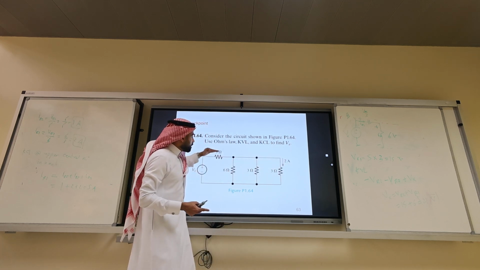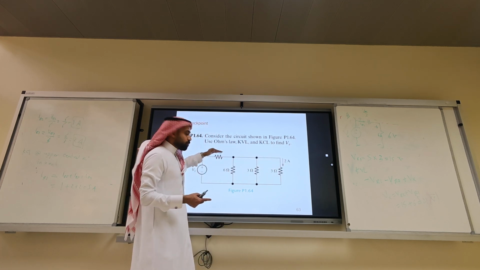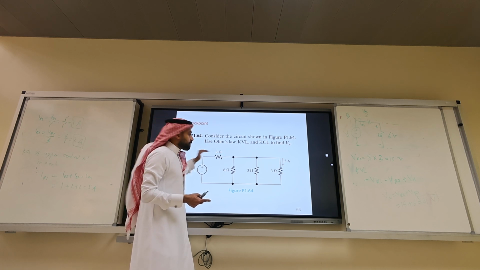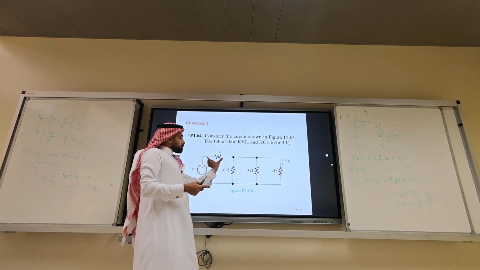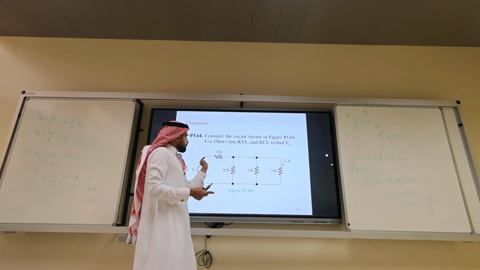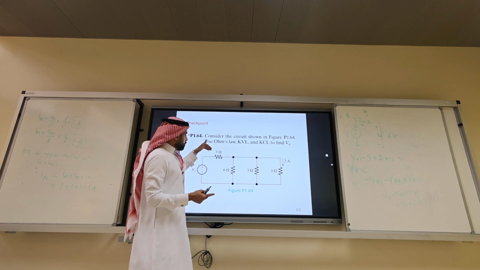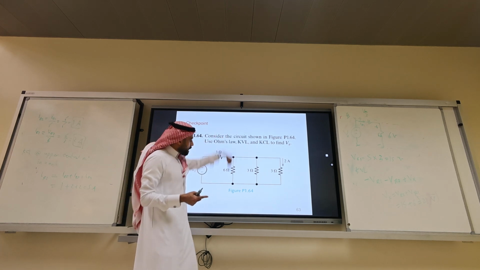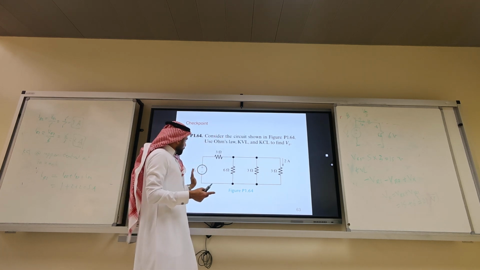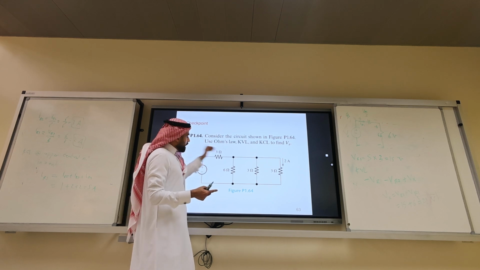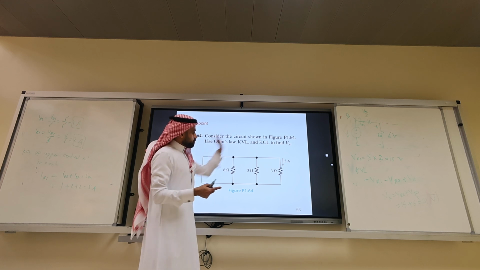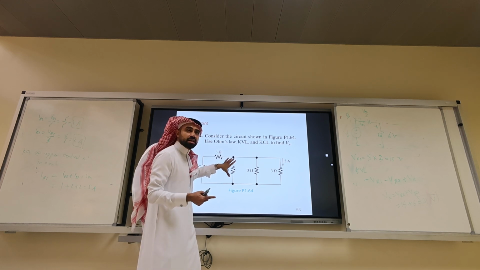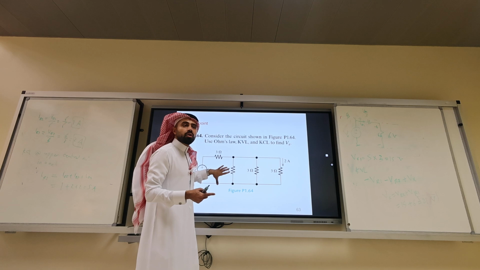So the current that goes through the upper R1 is 5. What's the voltage here? 6. What's the voltage here? 5 times 3. Vx is V1 minus VR1 minus VR2, which is 15 plus 6. That's how we got the 21.